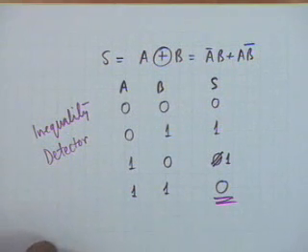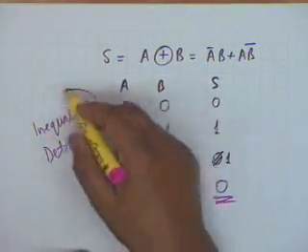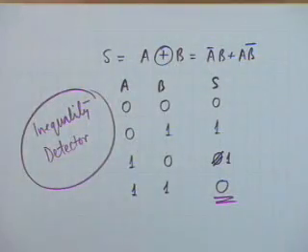That is, when the two inputs are unequal, then the output shall be 1. Exclusive OR has many applications. The simple gate has many applications.